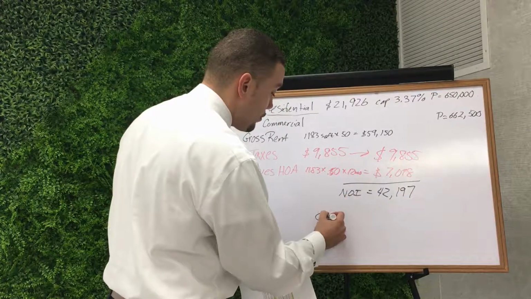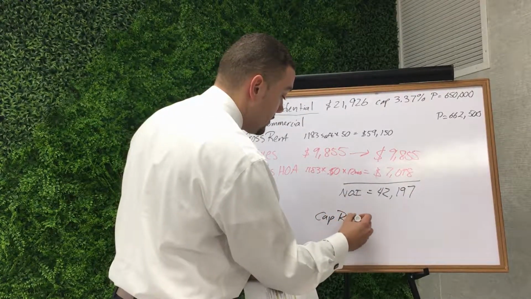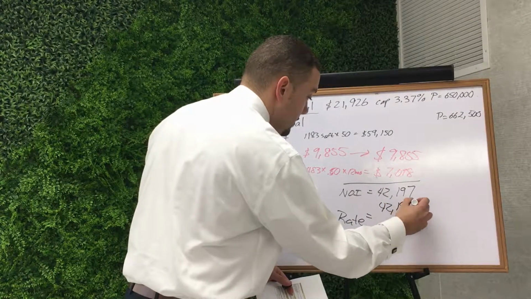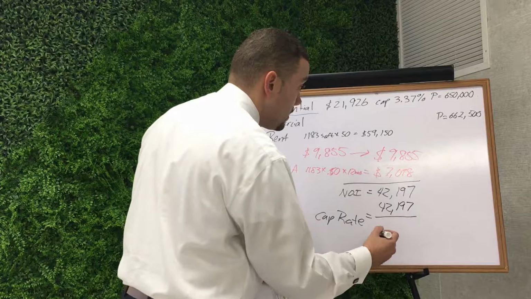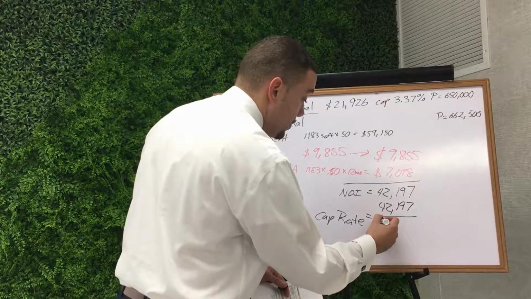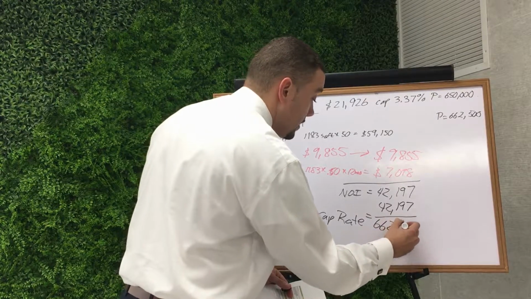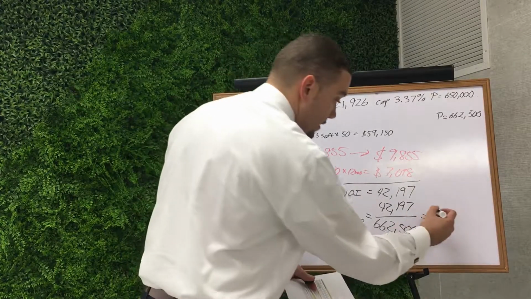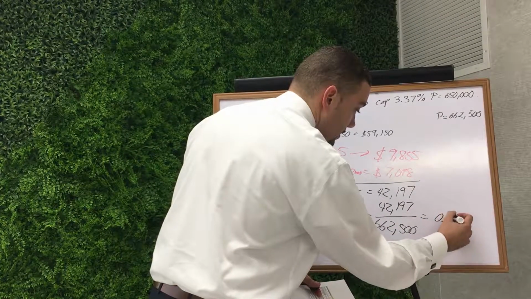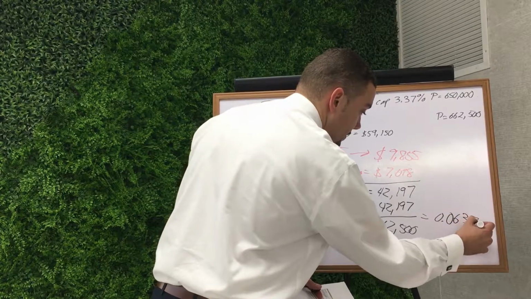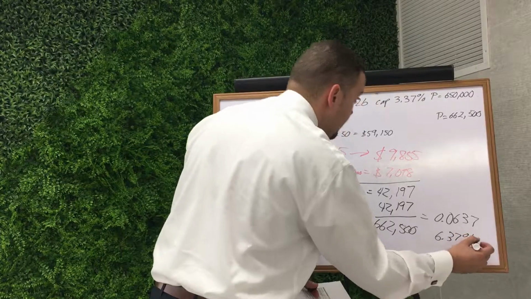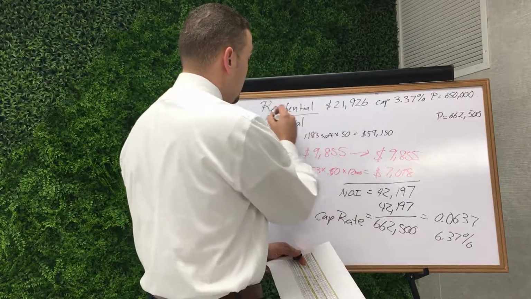And if I do my cap rate, which is my NOI divided by my purchase price of $662,500, that is going to give me 0.0637, or a cap rate of 6.37%.